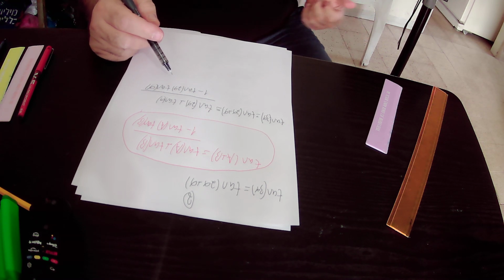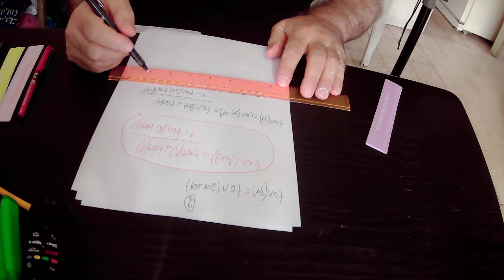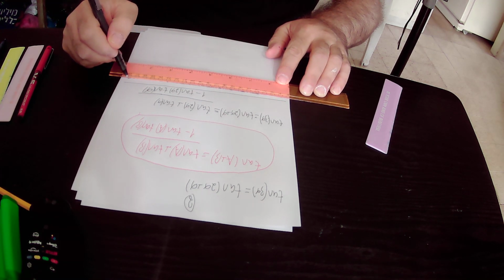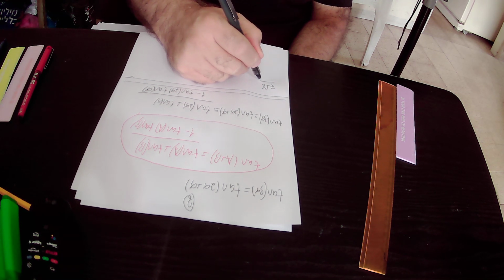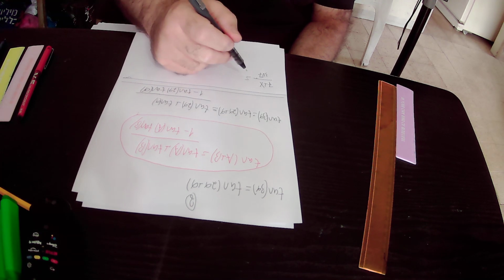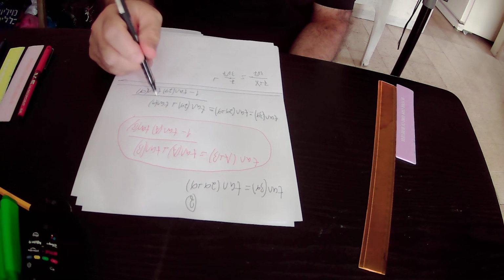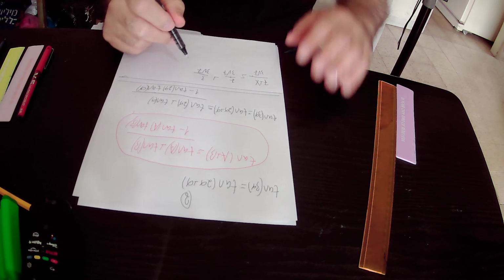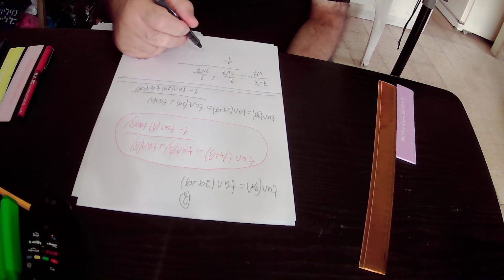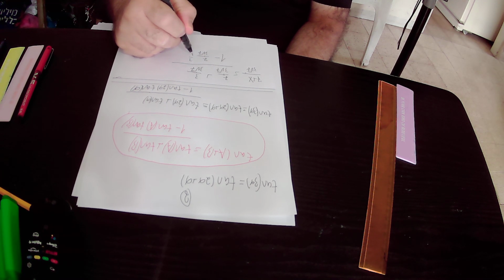Tangent 3 alpha, which is 7 plus x over 3 times root 7, equals tangent 2 alpha, which is 7 over 3 times root 7, plus tangent alpha, which is 3 over 3 times root 7, all divided by 1 minus 7 over 3 times root 7 times 3 over 3 times root 7.